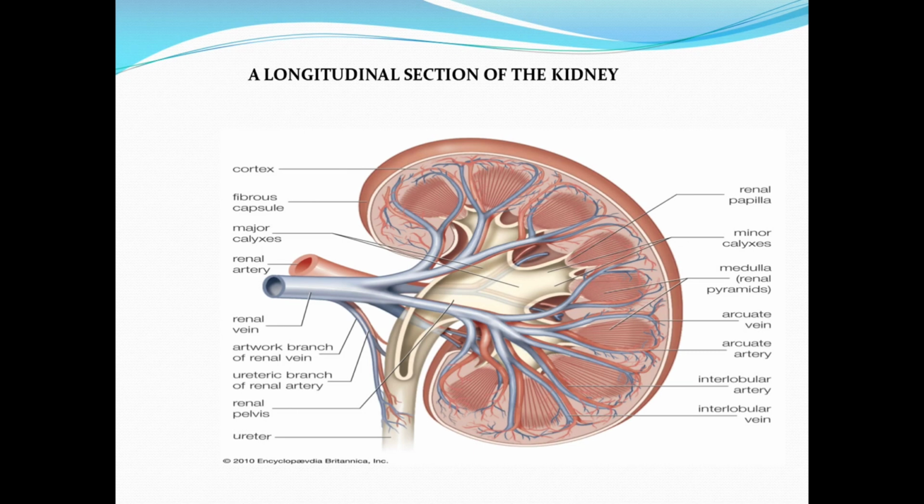A major calyx is nothing but 3 or 4 minor calyces combined. We also see the renal artery, renal vein, the ureteric branch, renal pelvis, and the ureter. And in the medullary sections, it shows the medulla, which has the renal pyramids and some of the circulation to the kidney.